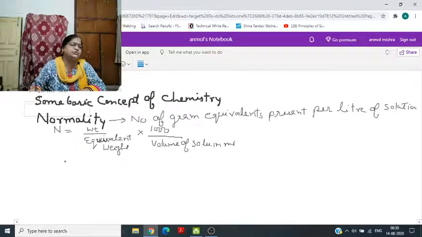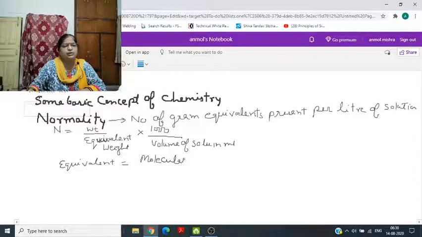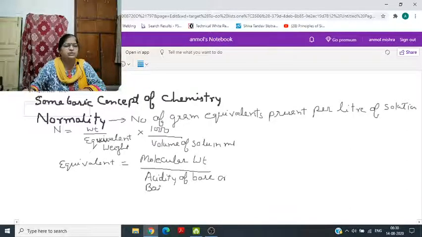Now what is equivalent weight? Equivalent weight is molecular weight divided by acidity of base or basicity of acid.